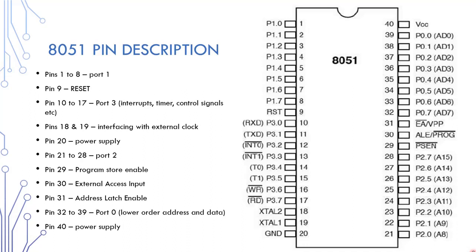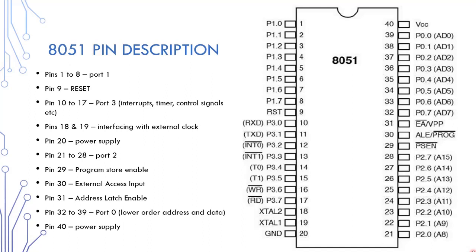Pin 29 is the PSEN pin, which stands for program store enable. It is used to read a signal from the external program memory. Pin number 30 is the EA pin, which stands for external access input.